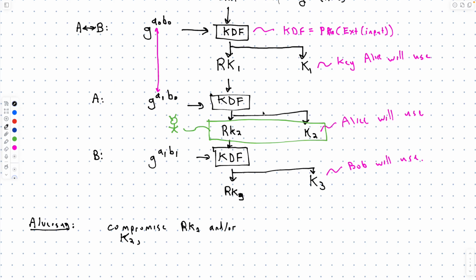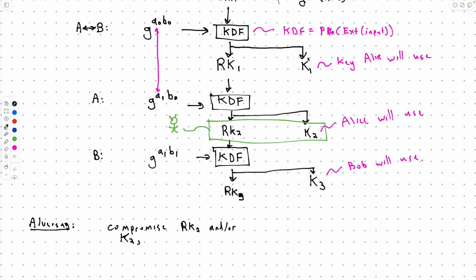Do they know K1? K1 was the key that I was just using before we did the update. No. Okay, and why not? Because they have done the KDF, so you cannot actually extract K1. KDFs are one-way functions. So you can see the output of a KDF, but you can't go back and get the input. Because it's one way, I can't go from here to here and get K1 back.